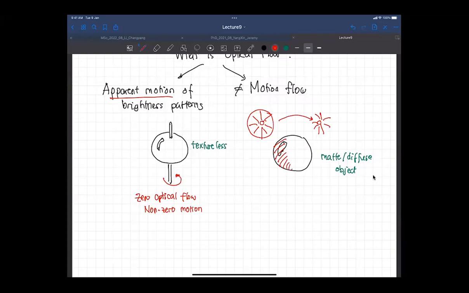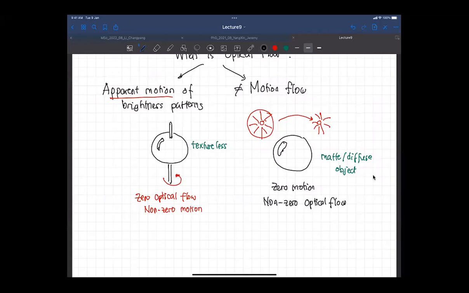So in this case, there is no motion. This one is actually zero motion, because there is no motion of this object. But this one will be non-zero optical flow. Optical flow will give you some information about the change of the light. And of course, in this case, optical flow is wrong.